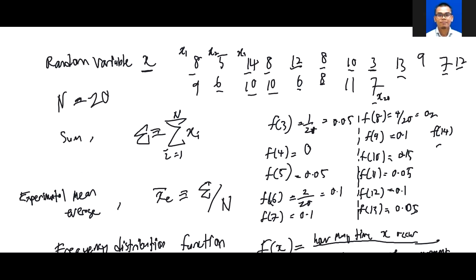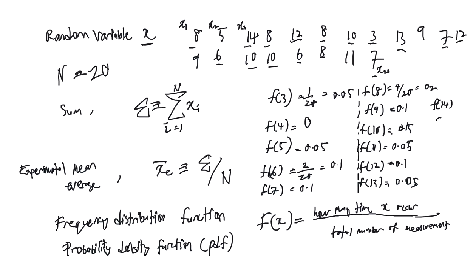So 0.05. And then f15, no, we don't have. The rest, like for x equal 2 and 1, are also 0, so we don't have to calculate them.